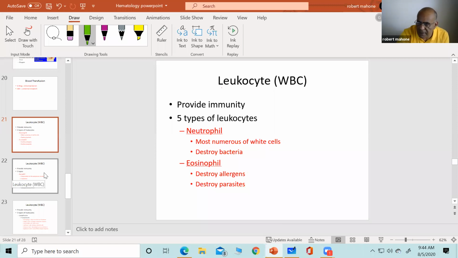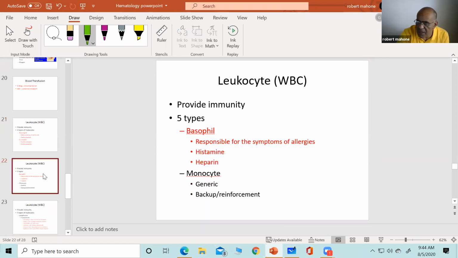All right. The third type of white cell is called a basophil. Now, these don't really destroy anything. But you see what they do? These are what cause the symptoms that you have when you're having an allergic reaction.